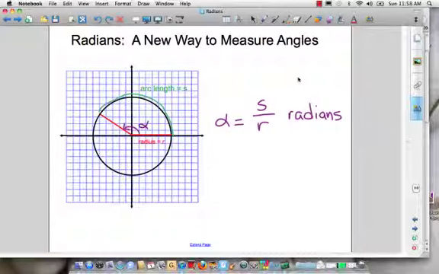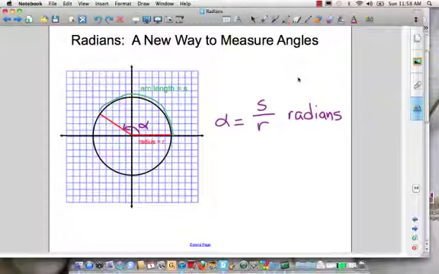To get a radian measure for alpha, you would take the arc length s and divide it out by the radius r. It should make sense that you need to divide out by the radius because, for a circle with a larger radius, the same angle would correspond to a larger arc.